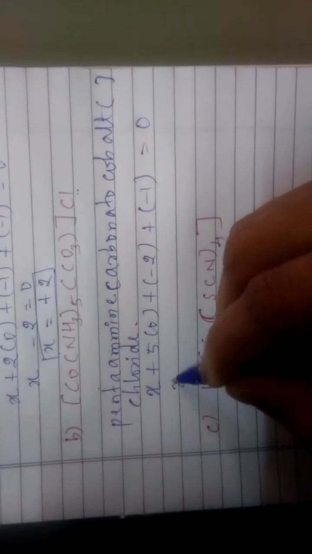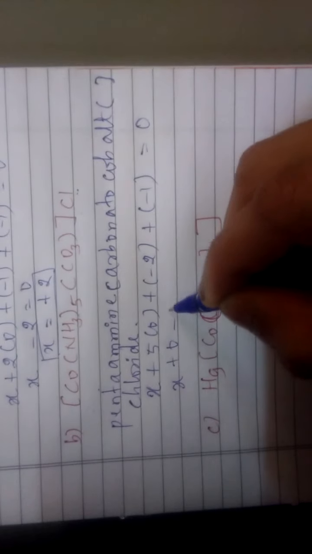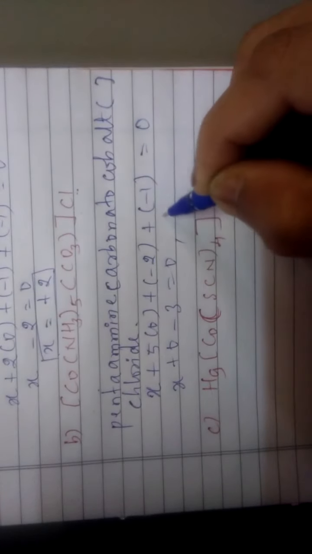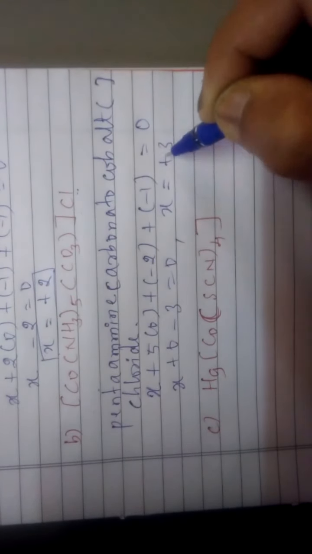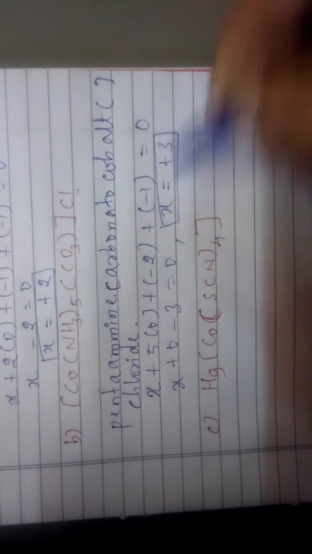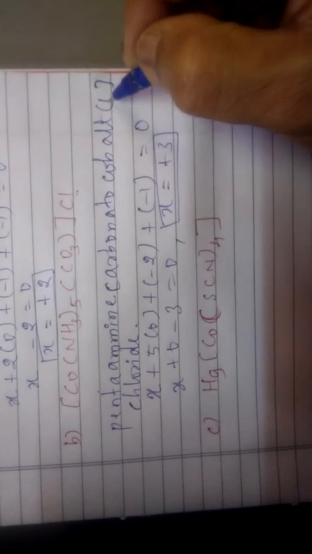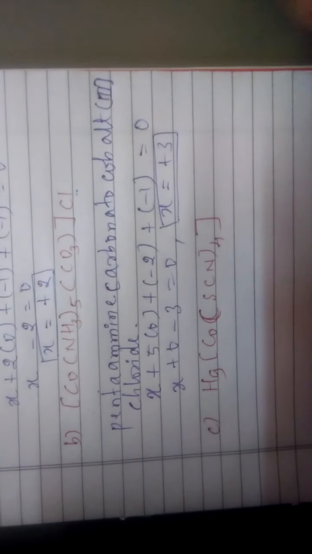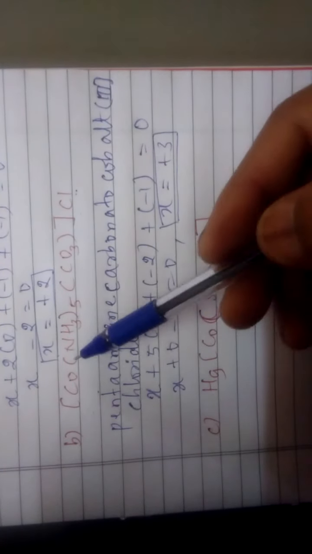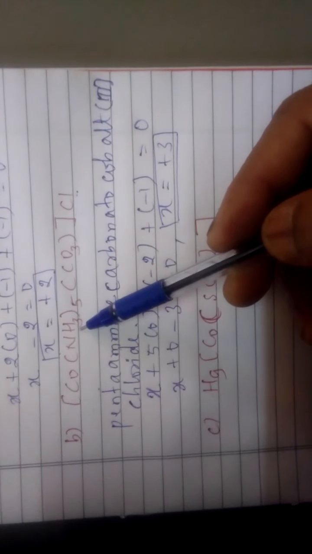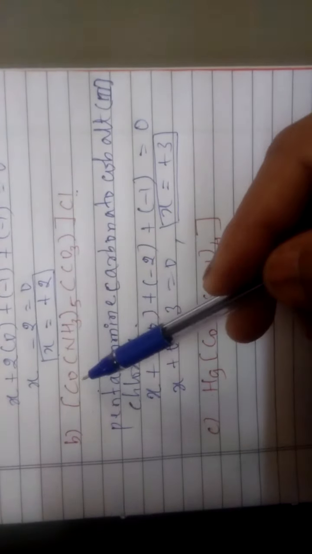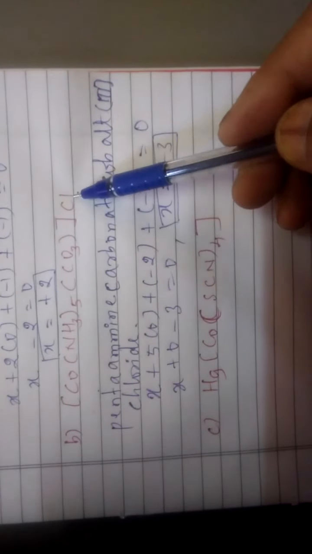So it is X plus 0 minus 3 equals 0. So X equals plus 3. So that is the oxidation state of the cobalt. So write 3 here in Roman letters. Okay, so the name of this compound is pentammine carbonato cobalt(III) chloride.